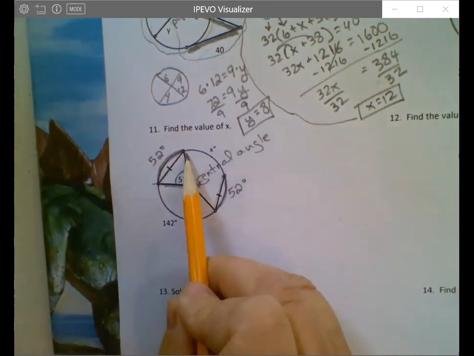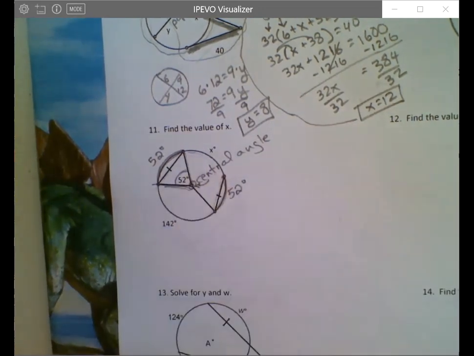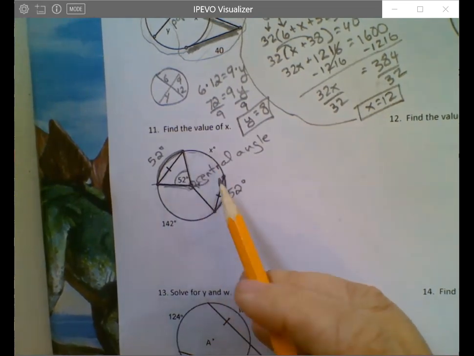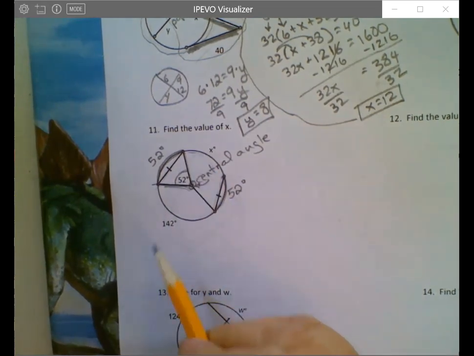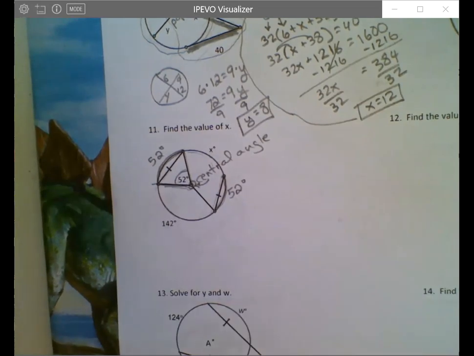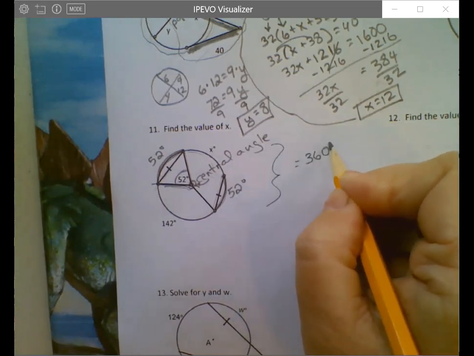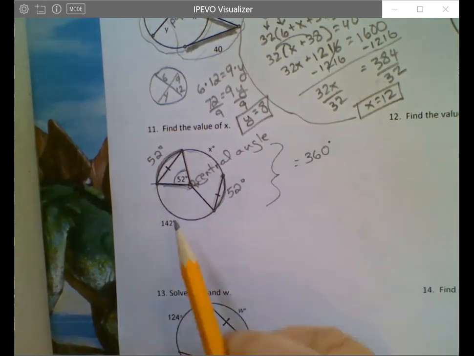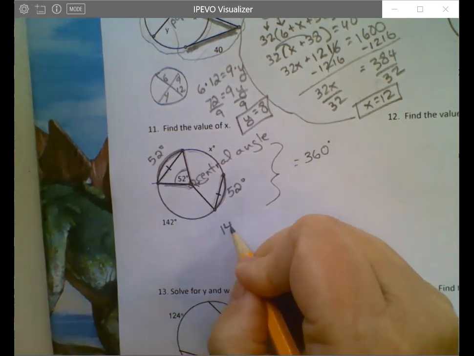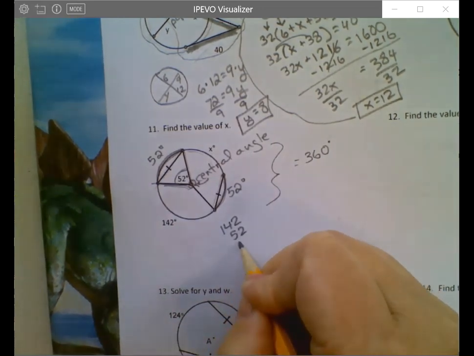Well, I just want to get x. X is the only piece of the circle I don't know. I know that x plus 52 plus 142 plus 52 has to equal 360. So all of this has to equal 360. So what I'm going to do is add up the parts I do know and then just subtract from 360. So I've got 142, 52, and another 52.